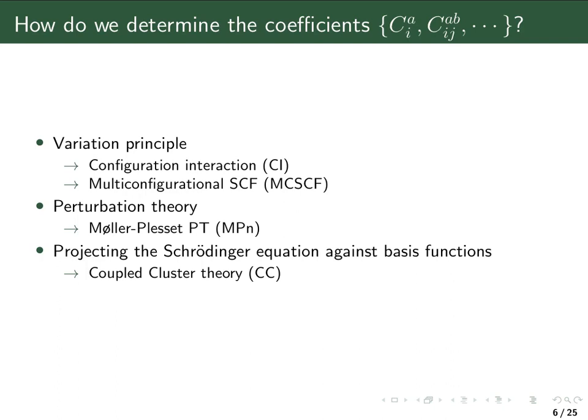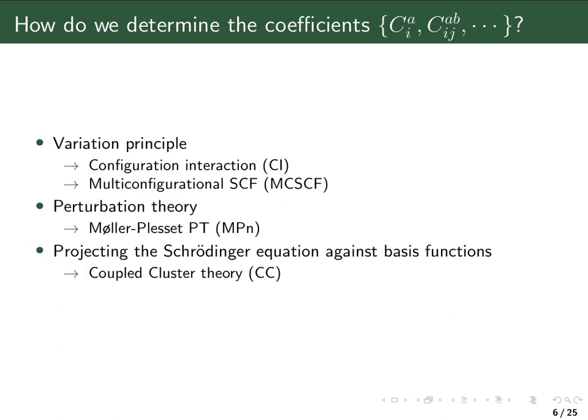One is we just use the variation principle, which means we calculate the energy as an expectation value of this wave function, and then we determine the coefficients in such a way that the energy becomes a minimum, meaning we take the derivatives of the energy with the coefficients and again get a set of equations which we can solve. There are 2 methods which take this approach. One is called configuration interaction, with the acronym CI, and the other one is multi-configurational self-consistent field, or MCSCF, and we will talk about those later.